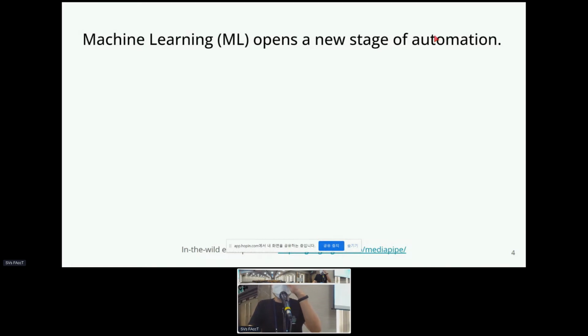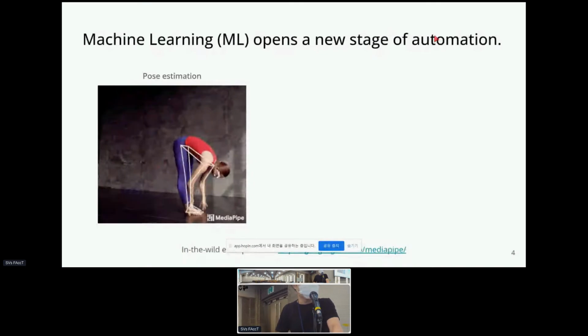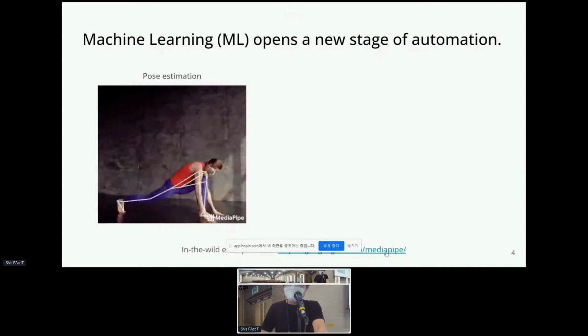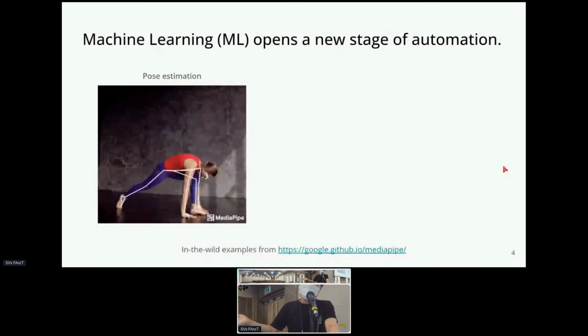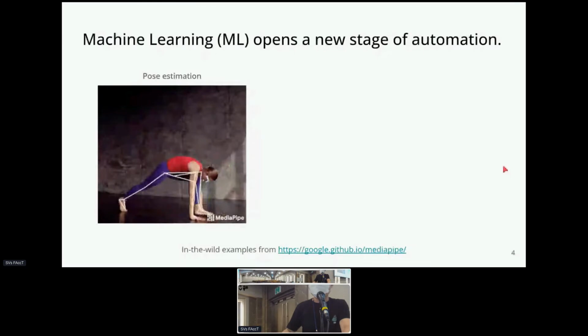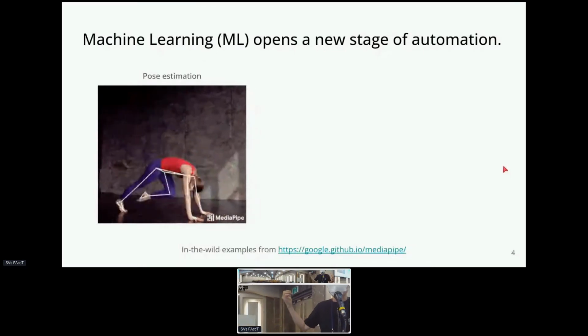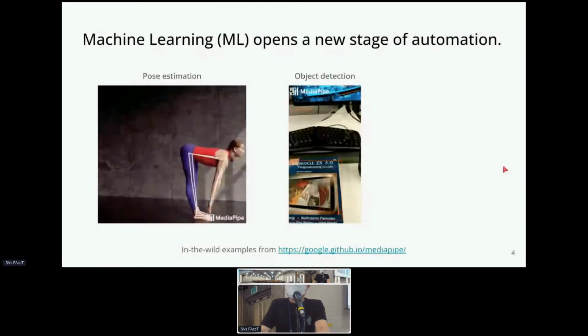Machine learning, or maybe we can call this AI, opens a new stage of automation and application. For instance, this is pose estimation. The input is an image of a person, and the output is the coordinates of the joints of the person, like where is the knee or where is the arm. And this is another example, object detection.